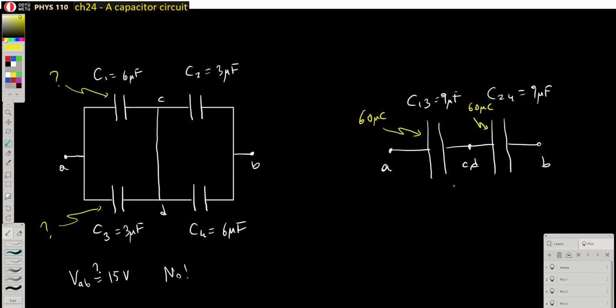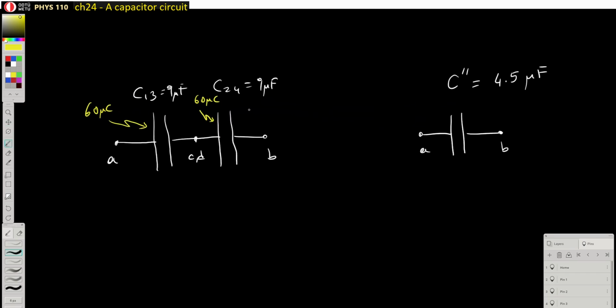I think I'm going to go one more step. In the series connection, the charges remain the same. So we have 60 microcoulombs in here. At this point, I can compute, I think I'm going to use the green color, the new potential difference between points A and B. It's basically this new equivalent capacitance. Sorry, wrong operation.